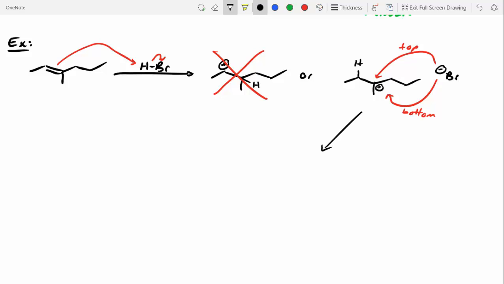Let's do the top face one on the left. So we'll call this top face attack. That means the bromine will be a wedge, and this methyl group will be a dash. And then we could have one where we attack from the bottom.